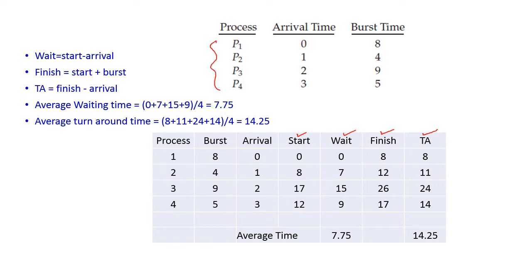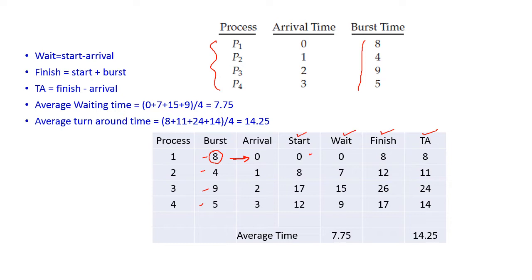The burst times of all the processes are given: 8, 4, 9 and 5. But the remaining computations take place with respect to arrival time. The arrival time of P1 is 0. Though the burst time is 8, the arrival time is 0, hence P1 will start execution first.